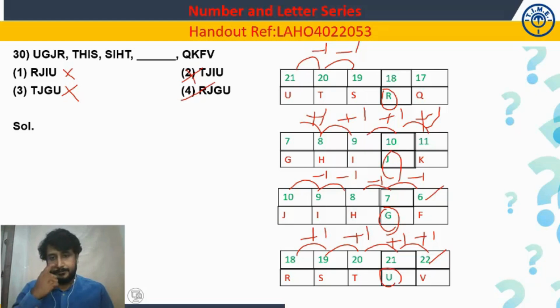Okay. Please note down the logic. I will wait for some time. The logic in the first letters is minus 1, the second letters is plus 1, the third letters minus 1, the fourth letters plus 1. So minus 1, plus 1, minus 1, plus 1.